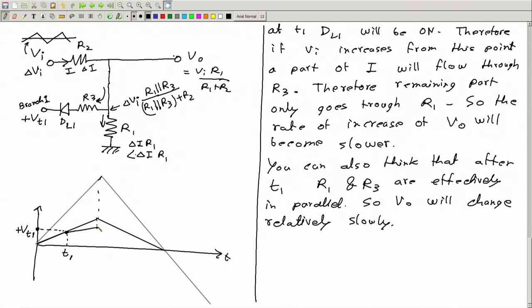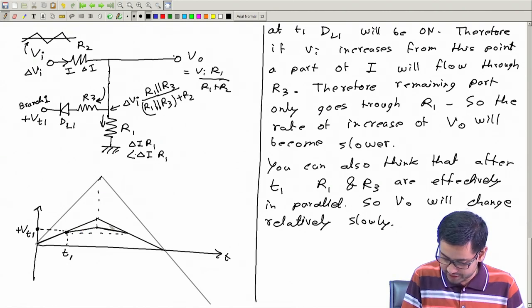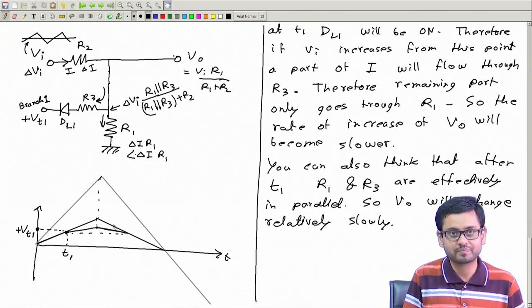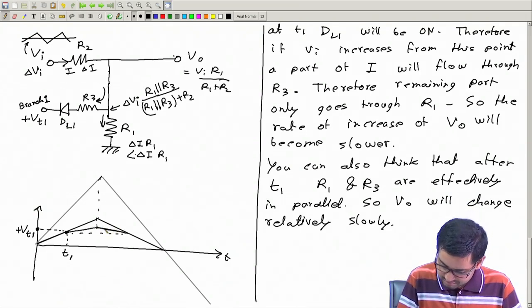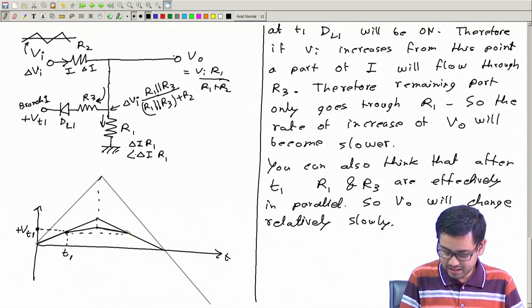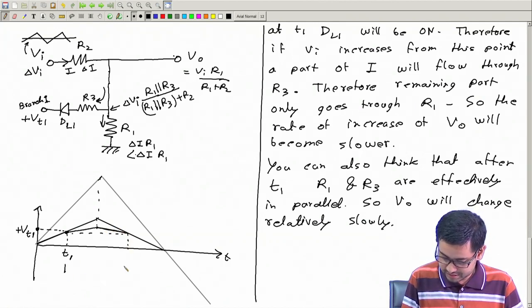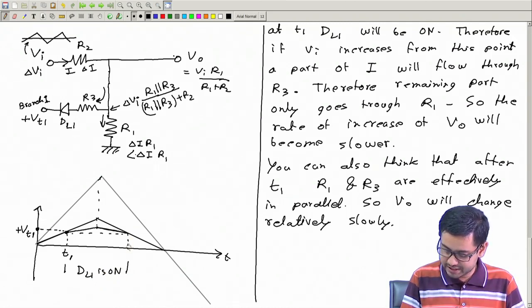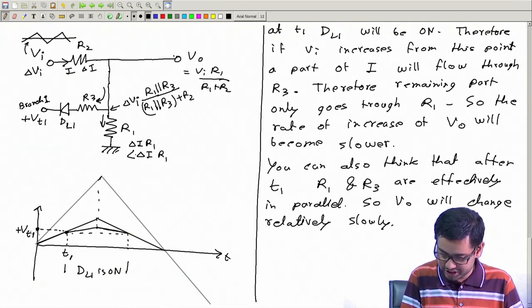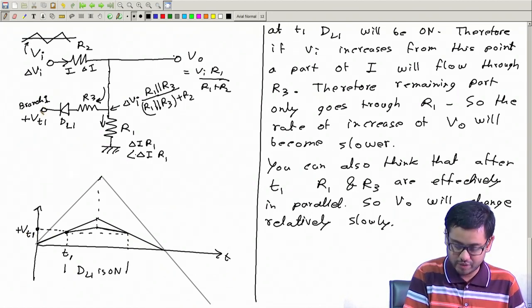And similarly, when the input is decreasing, the output will also decrease in a similar way. So these two parts should be same, because whatever is the value of input at this point, the value of input at this point is also same. So it will decrease in a similar way, and up to this, diode DL1 is on. After this, when this voltage output goes below this threshold, this diode will be off again.